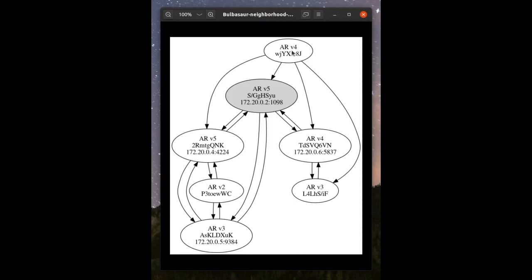Let's take a look at node 6, IP address 8, which is far enough away from node 0 that node 0 doesn't have its IP address.